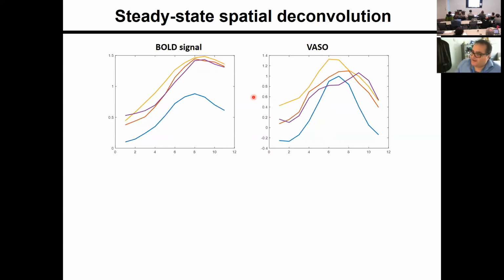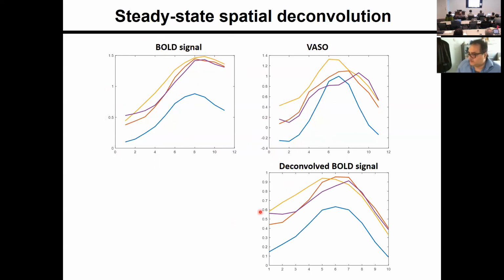If we now apply our method of spatial deconvolution to the BOLD signal, what you see, in the orange one, is that the peak is now also in layer 6. If you compare these two results, VASO and the deconvolved BOLD signal, they don't look identical. Obviously, we don't expect them to be identical because this is still venous weighted, and there are some discrepancies.